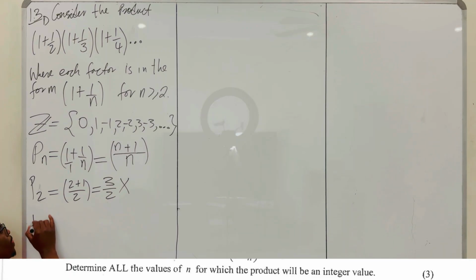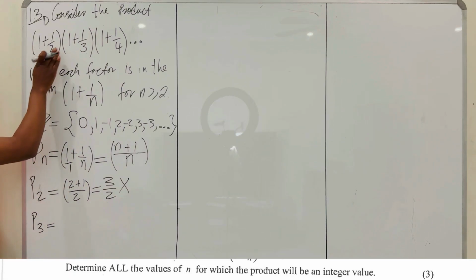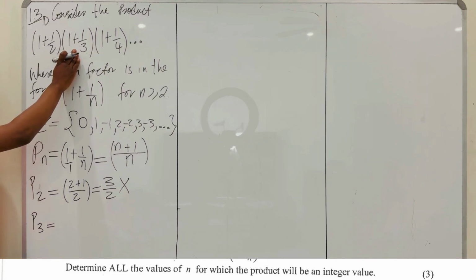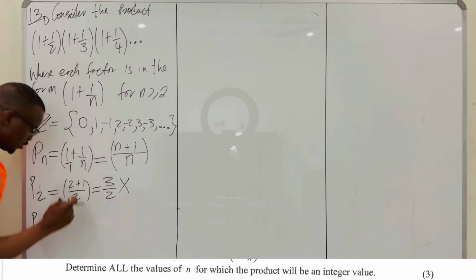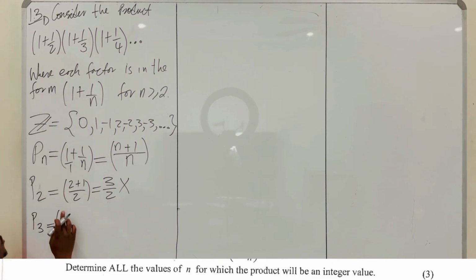Let's go to the next one, P3. For P3, we should multiply from the first one to the third one. So in that case, what do you have? You have the first one, which is the same as P2, so you have your 3 over 2 here, times the next one. What is the next one?